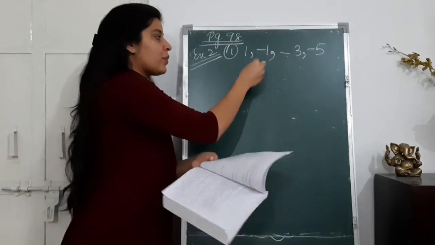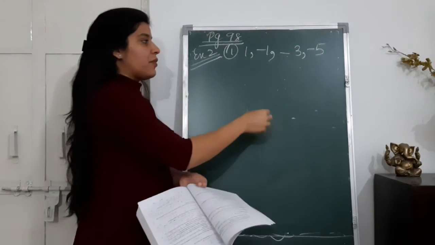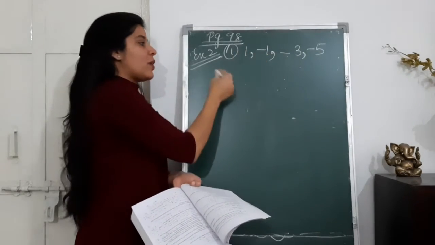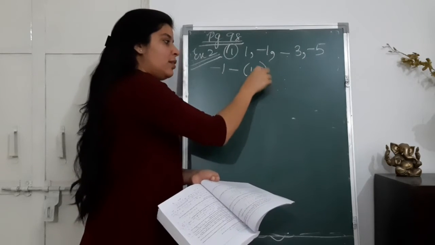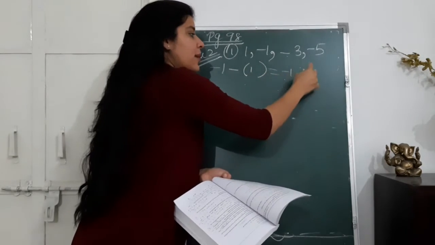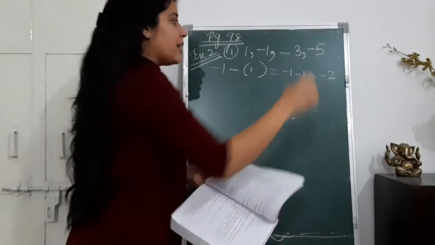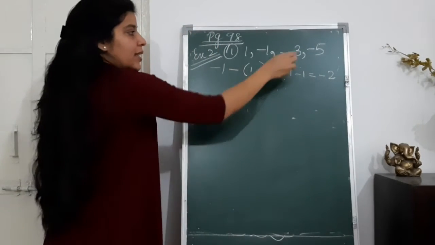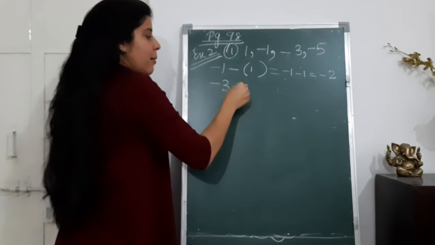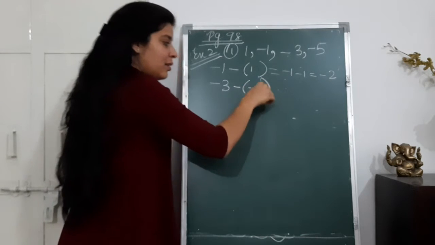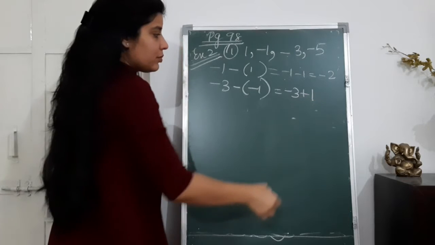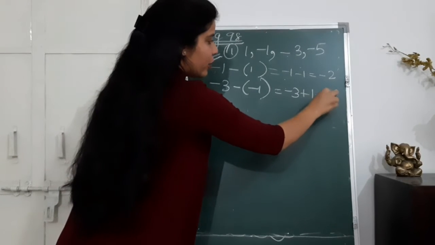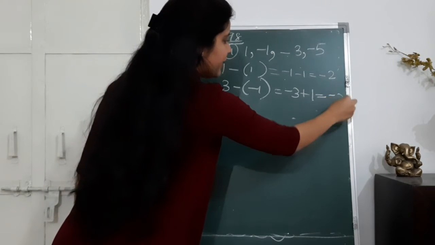So now here, 1 minus 1 minus 3 minus 5. Subtracting 1 from minus 1: minus 1 minus 1, which is nothing but minus 2. Then this, minus 3 minus 1. So this is minus 3 plus 1, which is equal to minus 2.